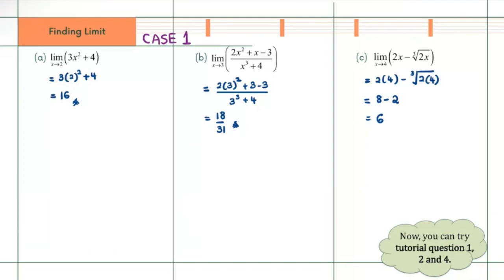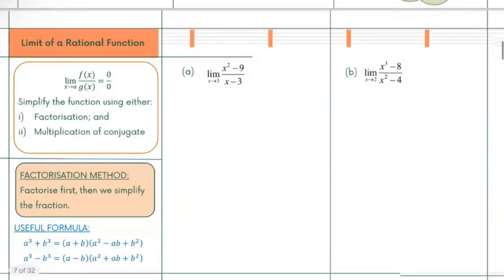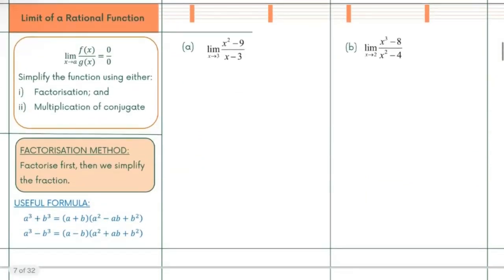Sebab dia direct sahajalah. Okay, seterusnya saya pergi ke arah kes yang kedua. Kes yang kedua, bila gantikan A ini dalam kita punya function untuk atas dengan bawah, kita end up dapat 0 over 0. So tadi saya beritahu kalau kita dapat 0 over 0, so we are going to simplify the function using either factorization ataupun multiplication of conjugate.